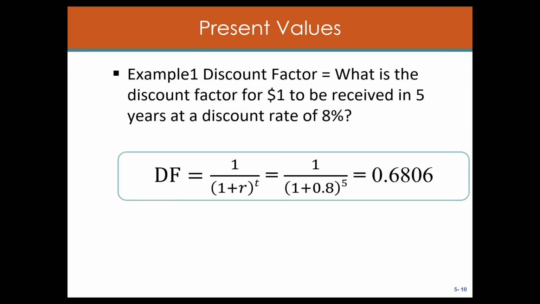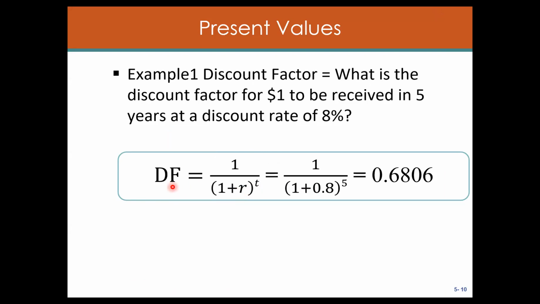So now, again, going step by step. Example, discount factor. What is the discount factor for $1 to be received in 5 years at a discount rate of 8%? Remember, discount rate is r and discount factor is what we want to know.